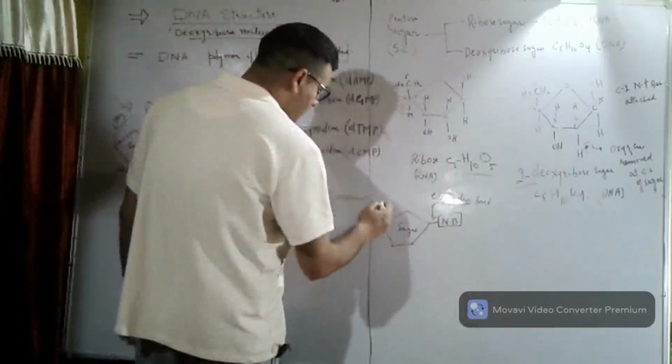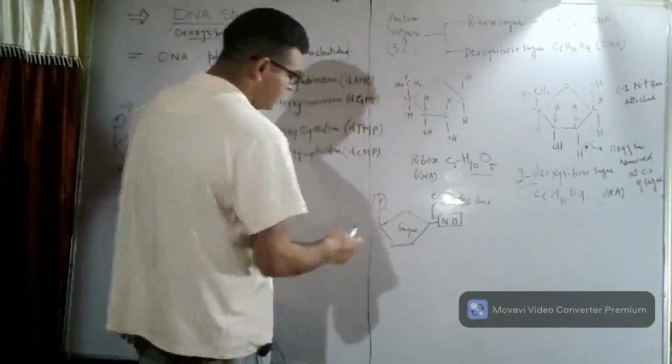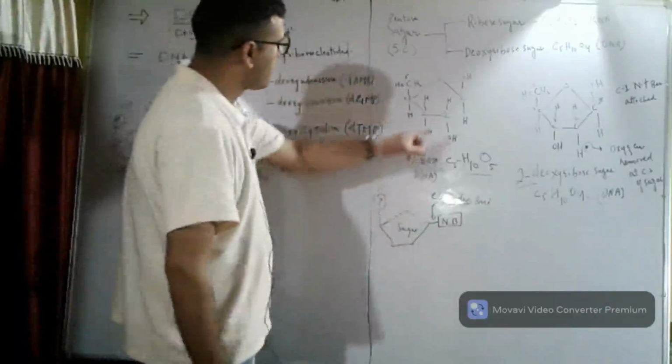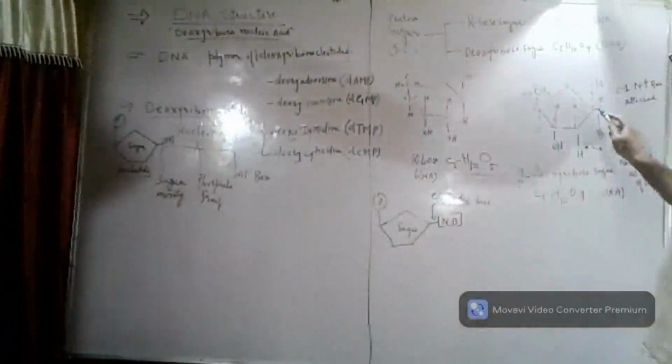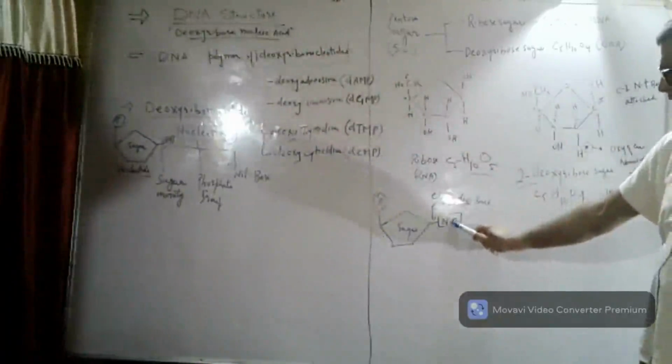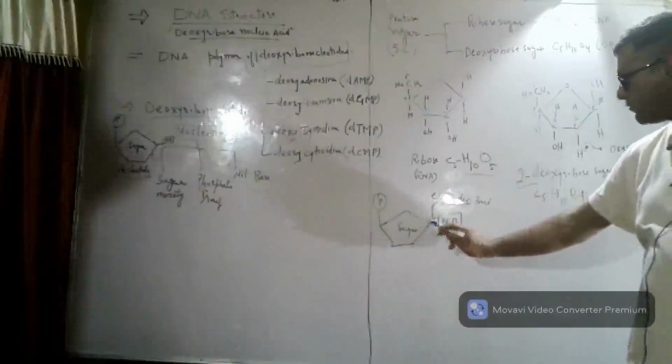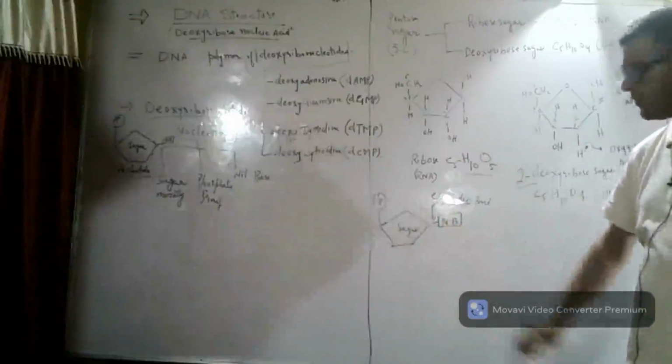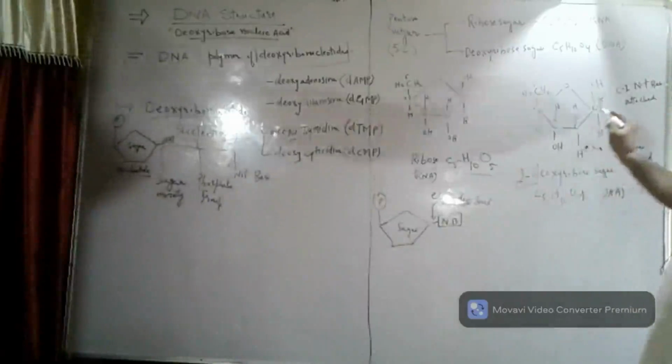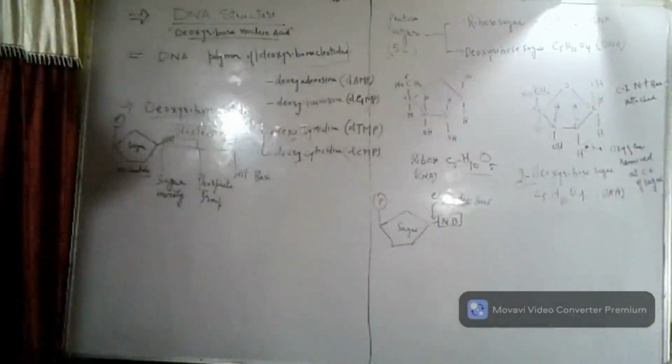So here we have got phosphate. See, carbon first is the site where nitrogen base gets attached. So nitrogenous base gets attached to the carbon first by means of what bond? Glycosidic bond. By virtue of this glycosidic bond, the sugar is attached to the nitrogenous base.